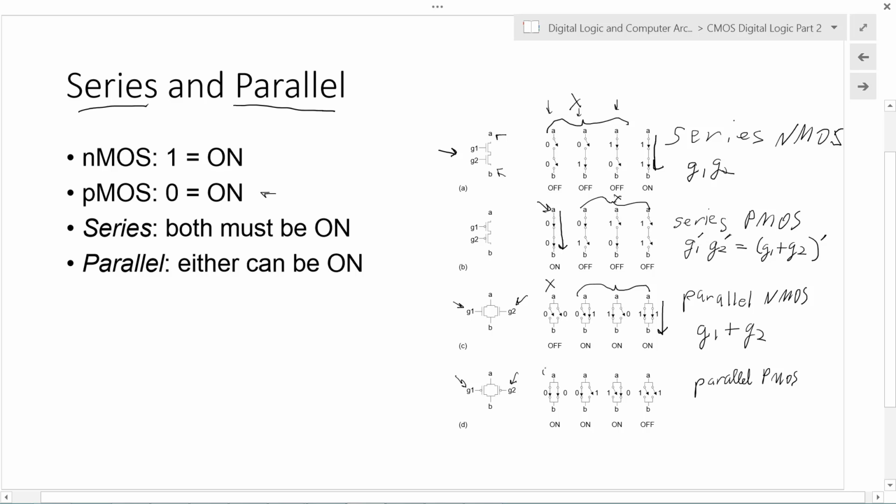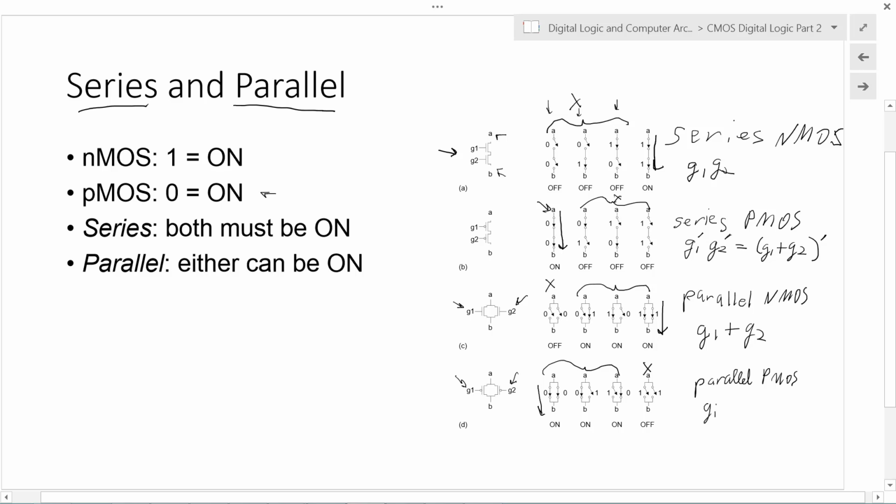So there are three possible combinations here where we'll see current flow. In the final case, both G1 is 1 and G2 is 1, then we see a disconnect between points A and B.